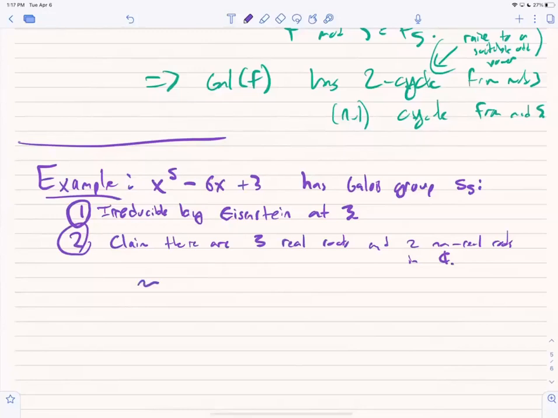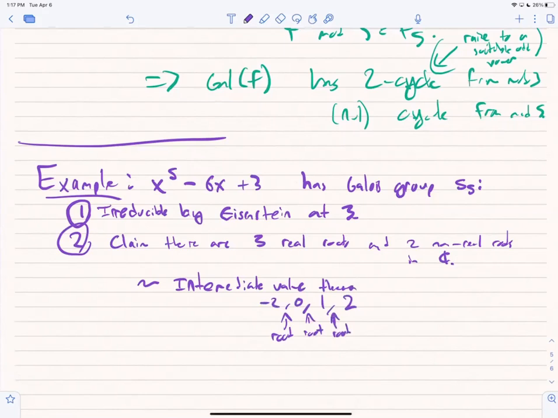Well, if I apply the intermediate value theorem, I'm not going to do the computation, but I'll just say what it is. Between -2 and 0, then between 0 and 1, and then between 1 and 2, I find a root, and a root.